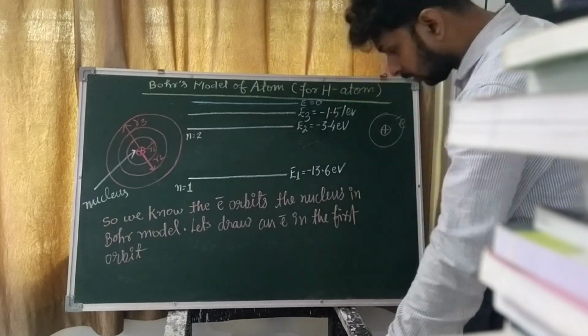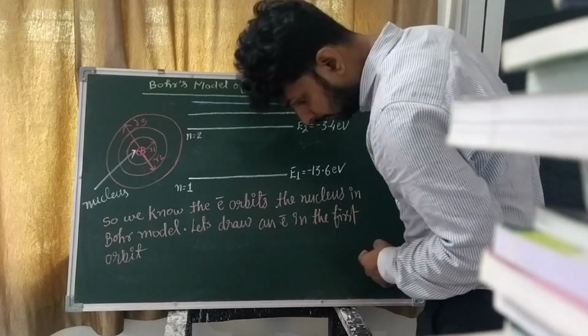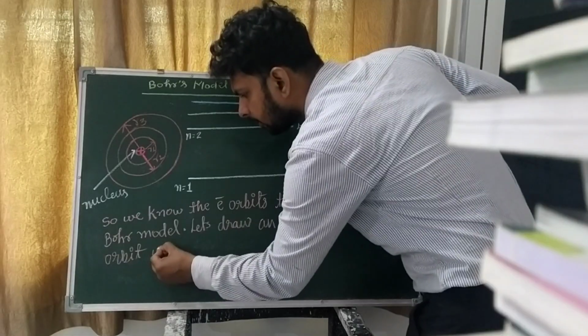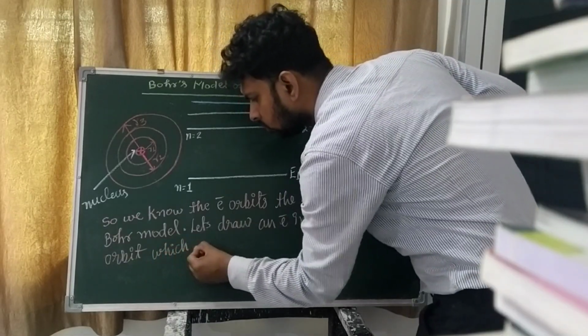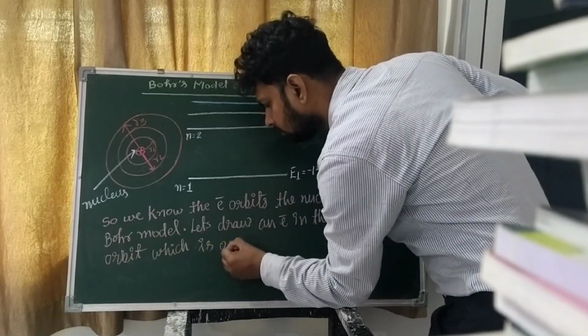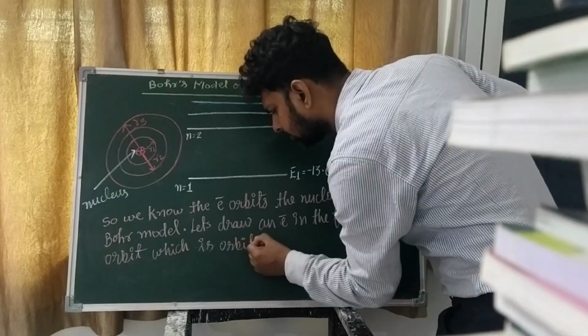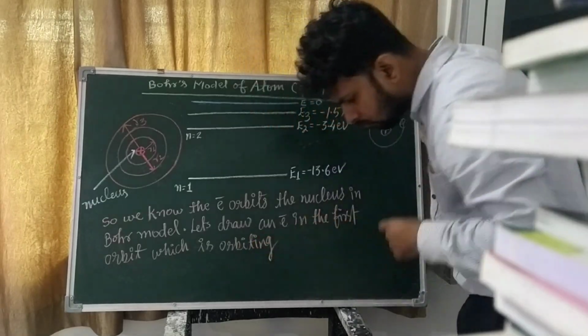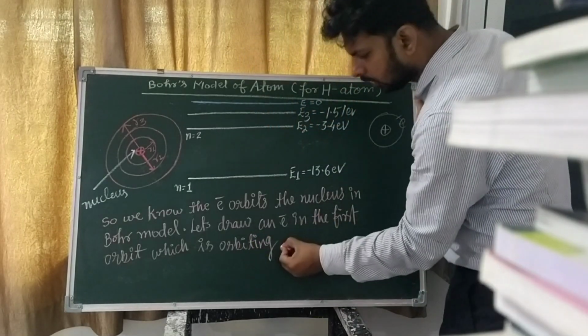Let us draw an electron in the first orbit which is orbiting the nucleus.